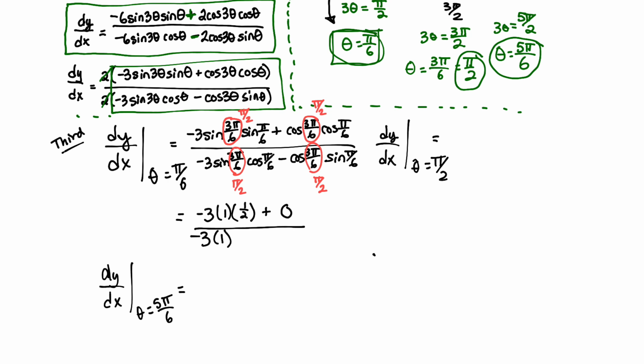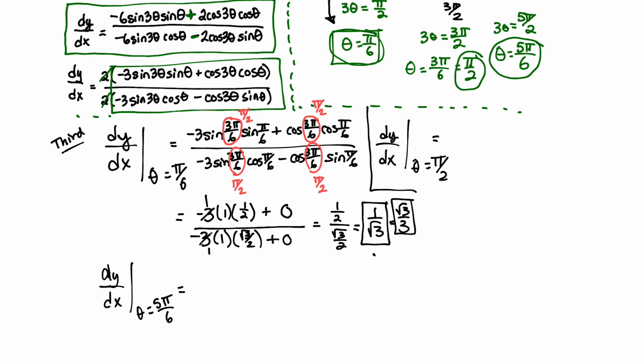Cosine of pi over 6 becomes square root 3 over 2. Cosine pi over 2 is 0. It looks like I'm getting 1/2 over square root 3 over 2, which is 1 over the square root of 3. So the first slope I want is 1 over the square root of 3, or if you rationalize, square root 3 over 3. So that's your first slope.